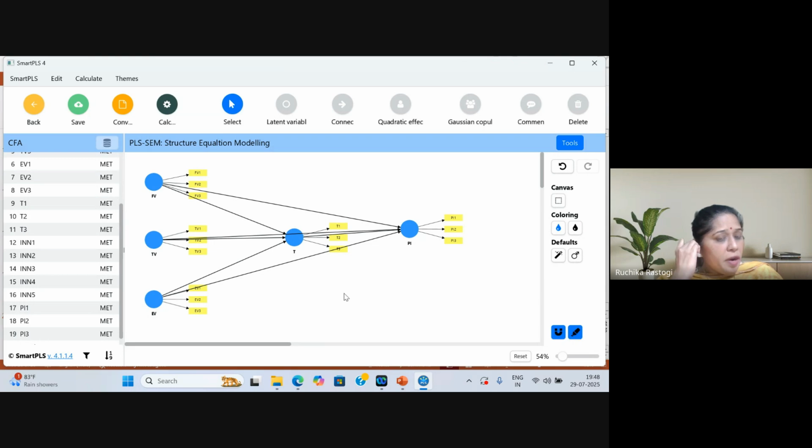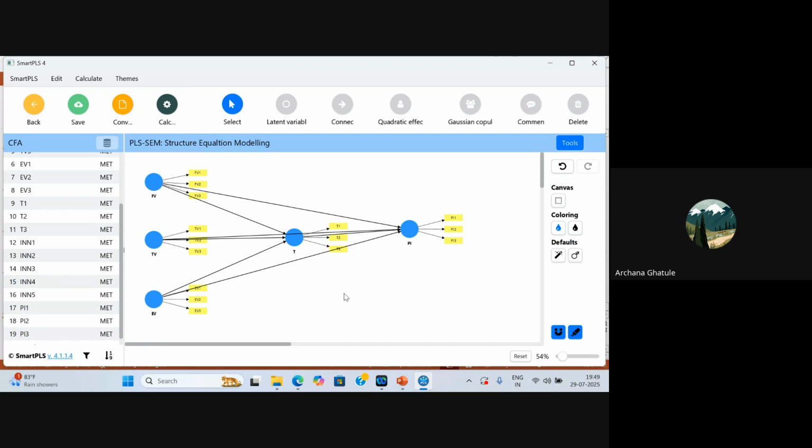Are you able to draw it? All the independent variables will lead to trust and then trust will lead to PI. Are you with me? Can I run the test now?